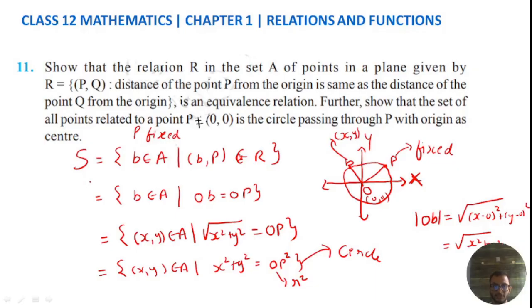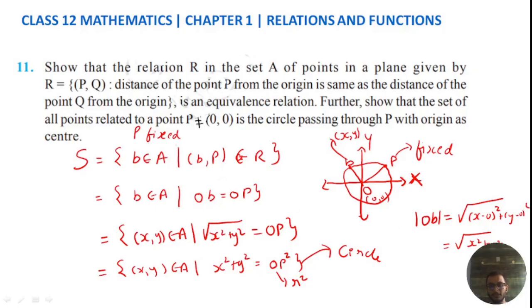So we had shown that S, the collection of all points from the plane which are related with P, will form a circle. How had we shown that? We had first taken arbitrary B from the plane, and we had written the definition of that set, that is, the collection of all B belongs to A such that B and P are related. But what does this mean, B and P are related? This means that distance from the center to B is same as distance from center to P. So now what will be the distance from center to B?